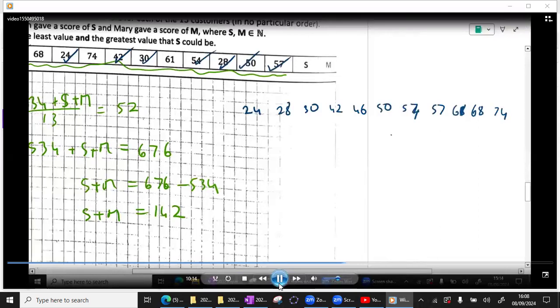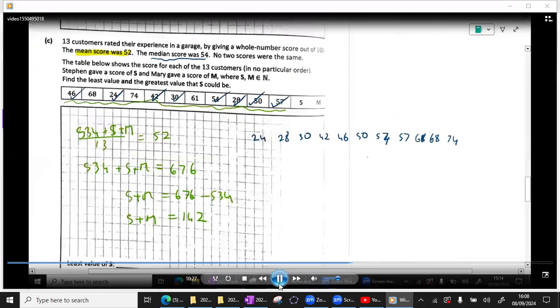Now, we still haven't done anything with the S and the M, but let's look at this first. So 1, 2, 3, 4, 5, 6, 7, 8, 9, 10, 11. So it's 13 people, 11 that we know of. Now, we are told that the median is 54. So out of 13, we should have 6 on one side, 6 on the other, and then the 7th should be the median.